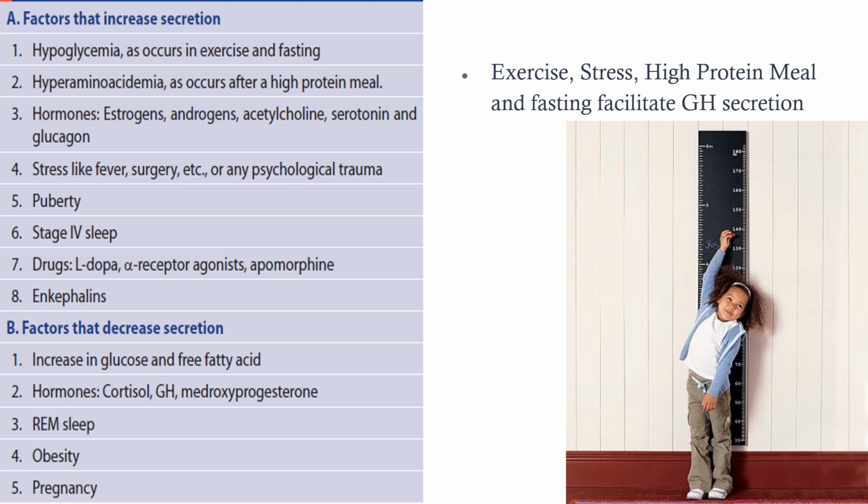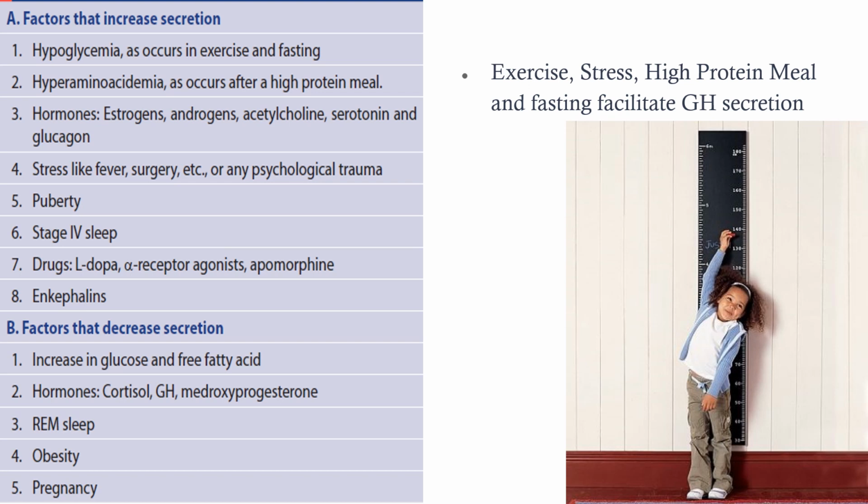Then stress during fever, surgery, or any psychological trauma, puberty, which is very essential, and stage 4 sleep. And then drugs that increase growth hormone secretion like levodopa, alpha receptor agonists, apomorphine, and enkephalins.